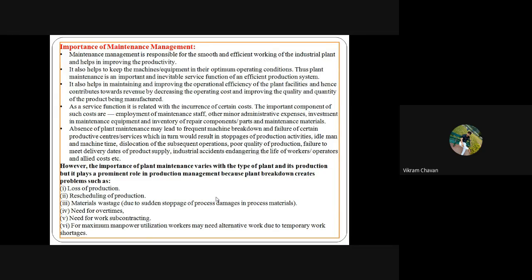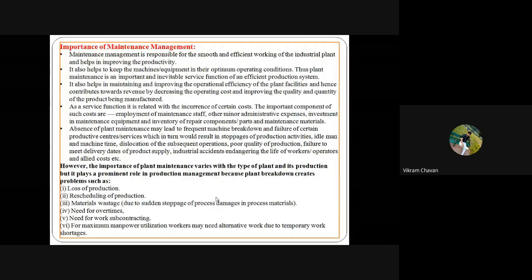Okay, so for maximum manpower utilization, workers may need alternative work due to temporary work shortage. Due to stoppage of machines, workers have to perform extra work to achieve the delivery date.